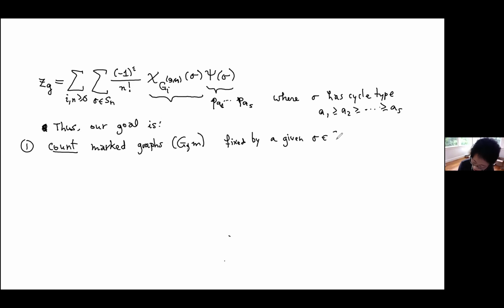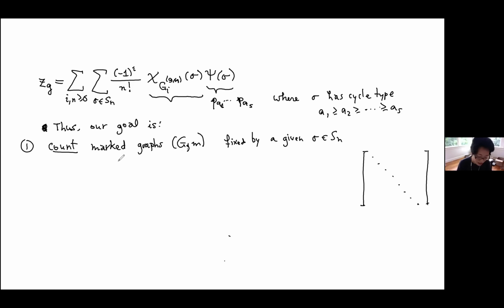So for every sigma, we want to know how many marked graphs (G, M) are fixed by sigma. Again, that's because you imagine looking at the matrix expressing how sigma transforms the vector space GGN_i, and you want to know the entries on the diagonal, which corresponds to fixed points under this action.